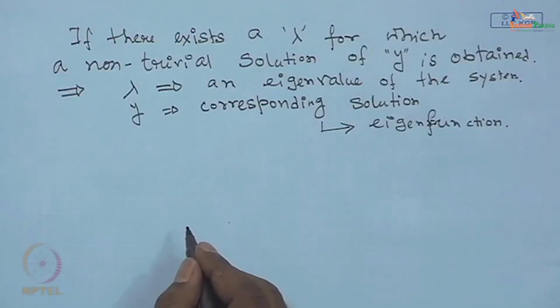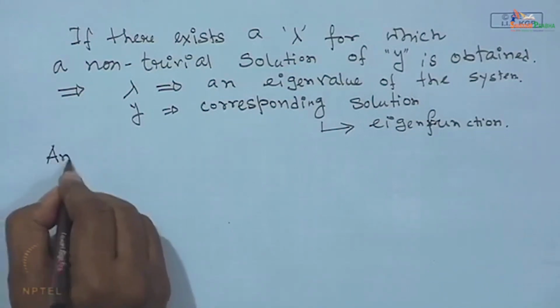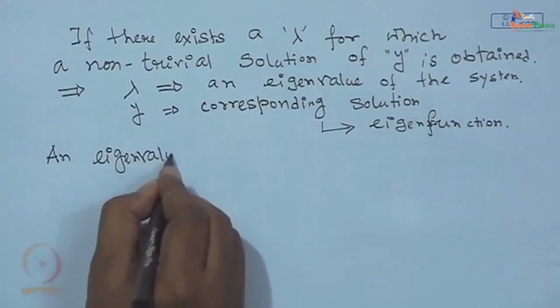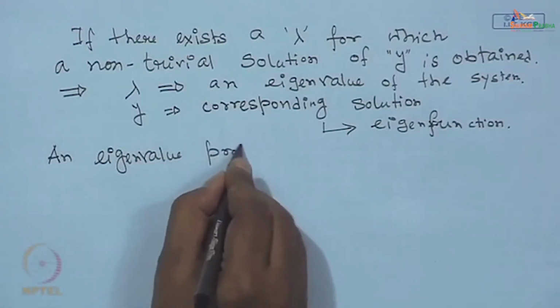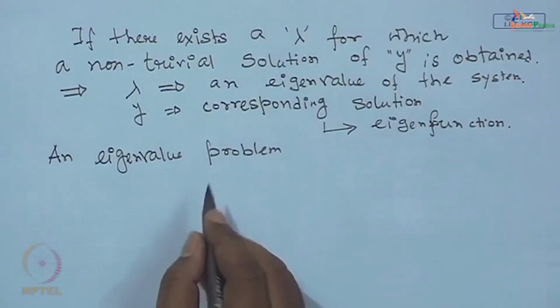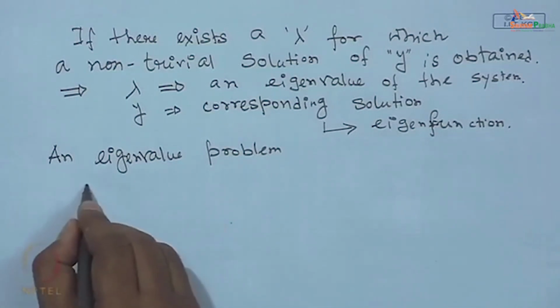So, one has to be very clear that one can formulate an eigenvalue problem if and only if the boundary conditions are homogeneous.